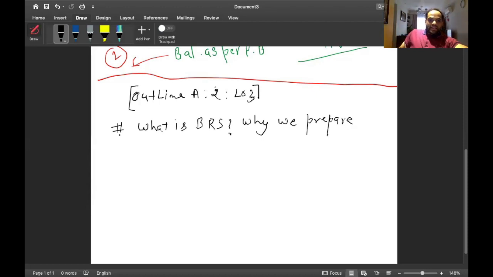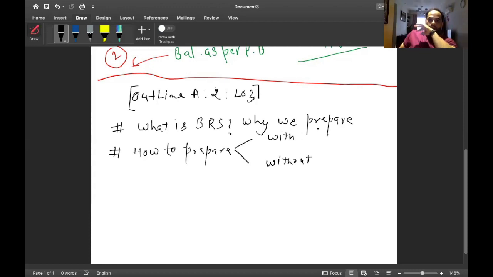And this is the first thing, basic. The second one is how to prepare it. So you're going to apply both methods, with and without, right? So it's all about just explanations, all right?